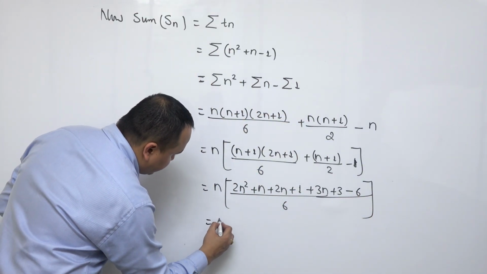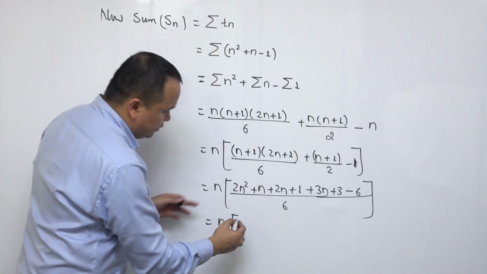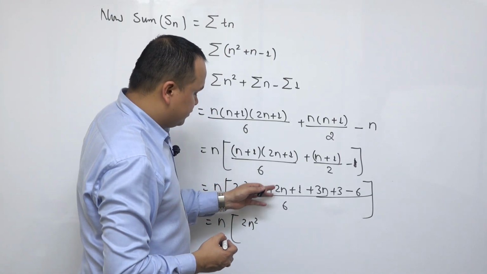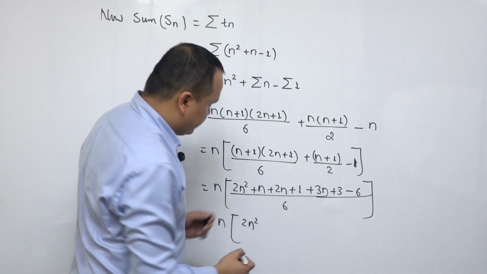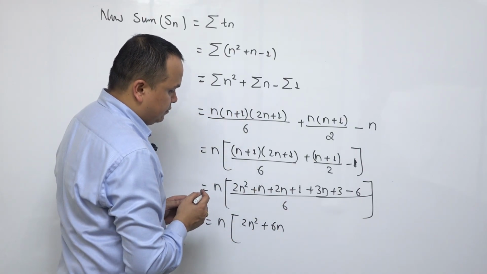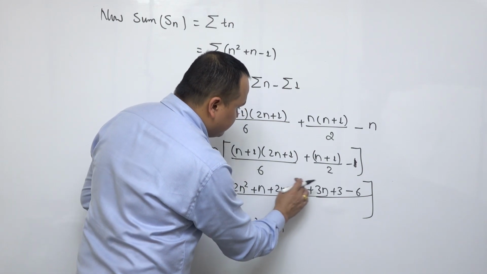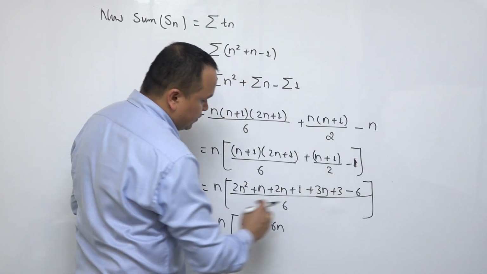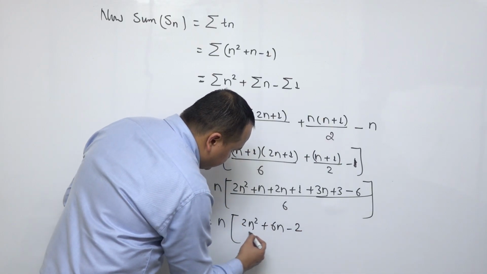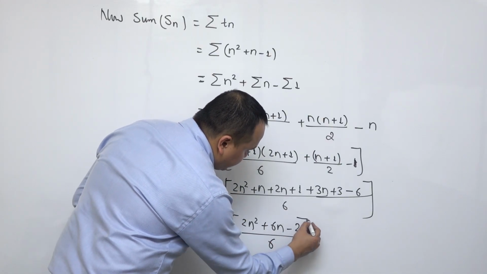This is n times 2n square plus 3n plus 3n plus 1 plus 3, which is 4, minus 6, minus 2, divided by 6.